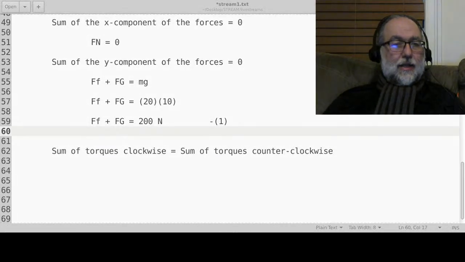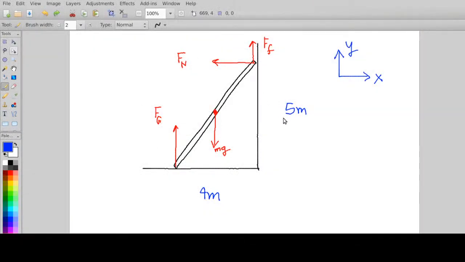Let's go back here to the whiteboard and take a look. Where are we going to put this axis of rotation? You can put the axis of rotation anywhere you like. Remember that Fn is actually 0, so that one's already got a torque of 0, and you could just ignore that one right there. It's basically this force and this force that are going to give torques if we put the axis of rotation up here.